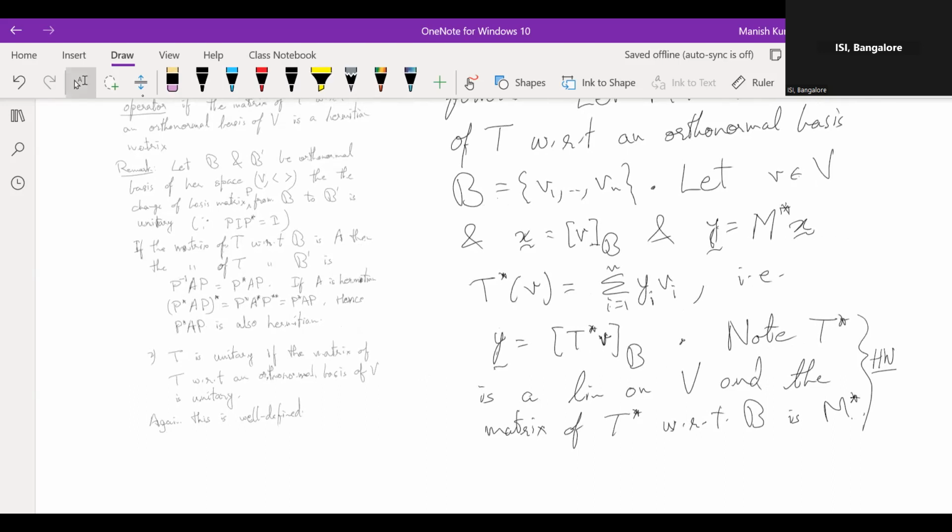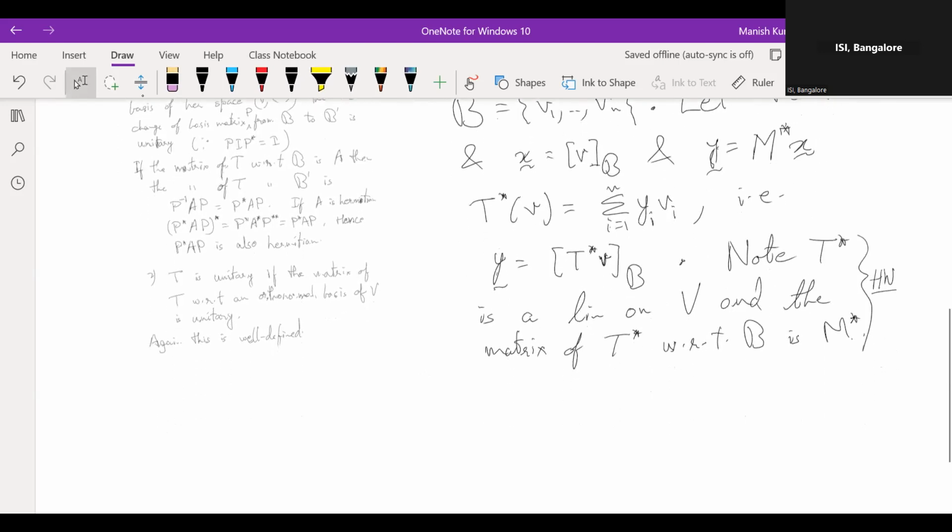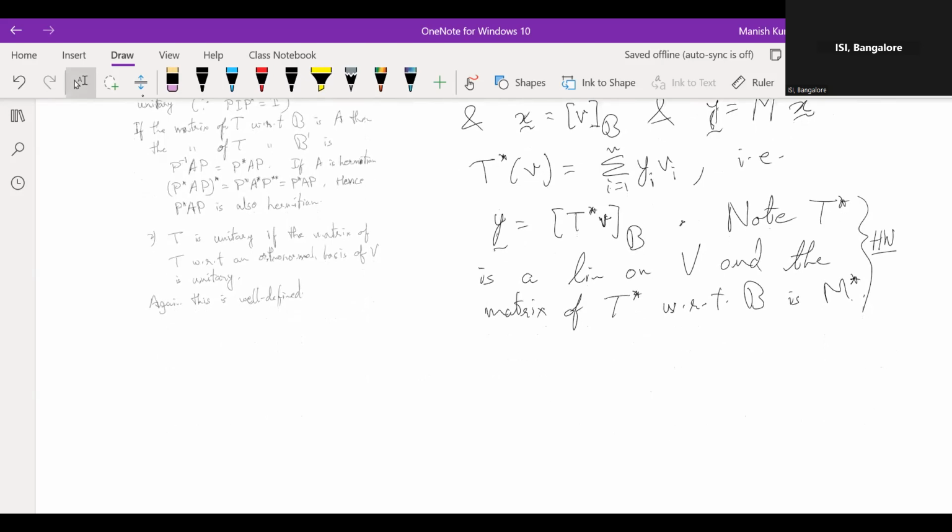So finally, there is another way to define T star, but maybe we can call it a property.